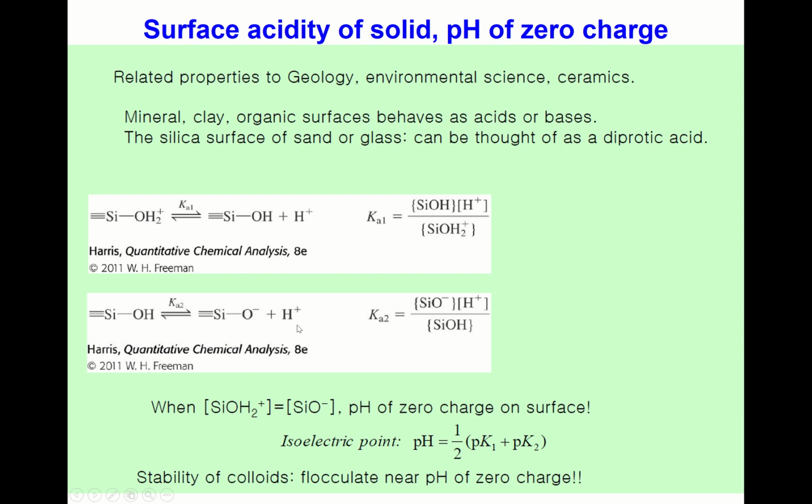For this one we can write the equilibrium constant Ka2. So don't take it as strange, even a solid can behave as an acid or base.